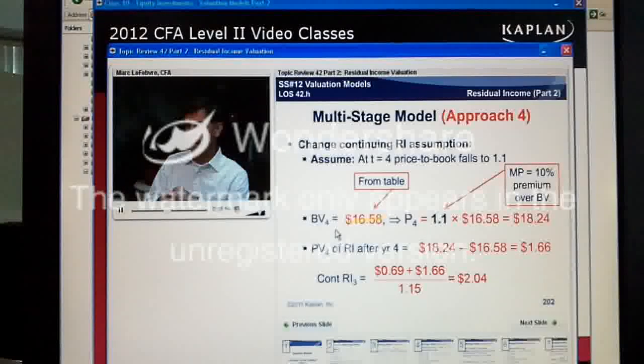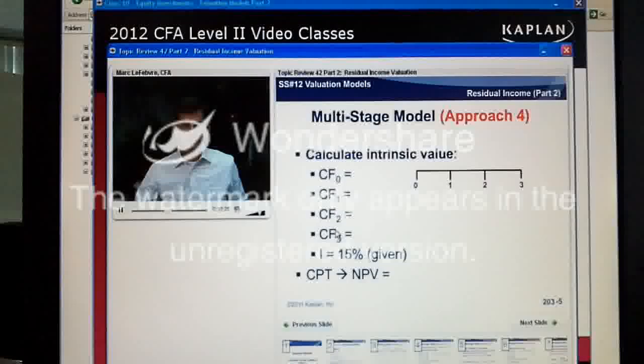It's one of the last topics we have. Don't skip it. I know from experience and from a lot of chatter that it's something you definitely want to make sure you can do: the premium of the security above its book value and the final terminal value, along with the last year's cash flow, brought back to T-1, in this case year 3, and present valued back. So let's take a look at how we wrap up this example.